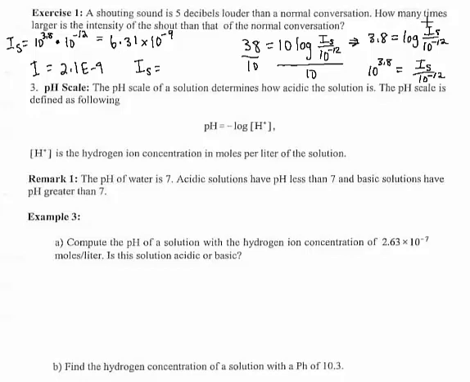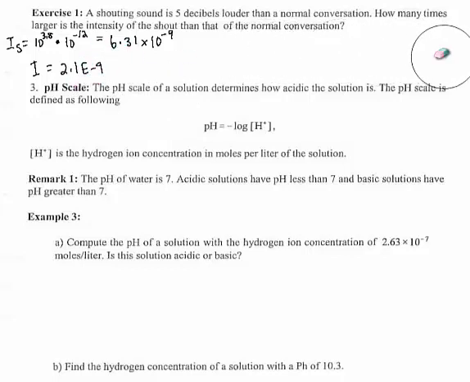Well, the question is, how many times larger is the intensity of the shout than that of the normal conversation? We know the values of each individually, but how many times more is one than the other? So what we do is we write a ratio, I shout divided by I, and we could put NC for normal conversation.